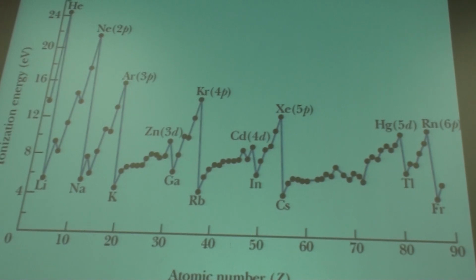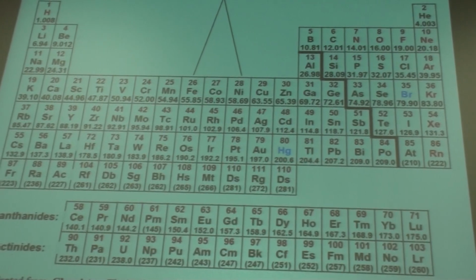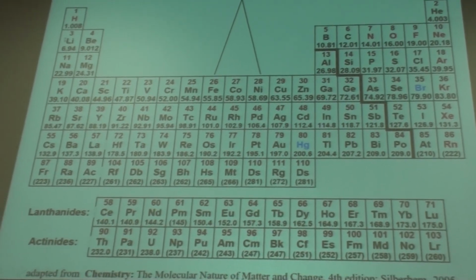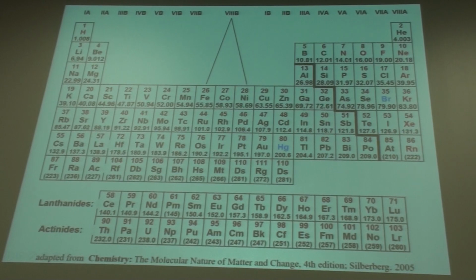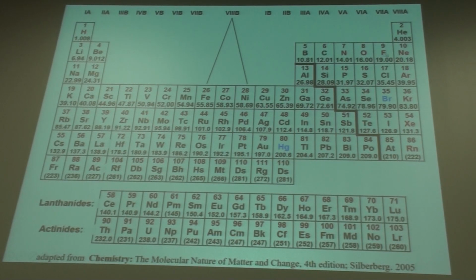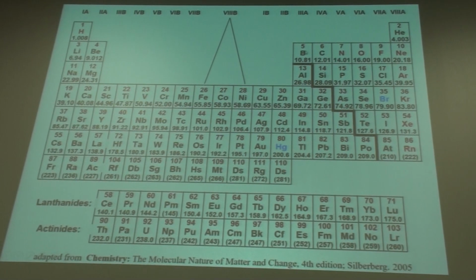Why? Well, if we go back to our periodic table, here we see that for n equals 2, you have more protons in the nucleus, but you're basically at the same distance away from the nucleus. Okay? And so ionization energy then goes up for a given n value.